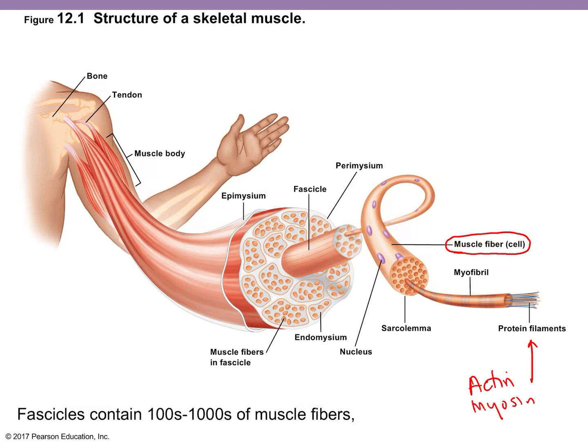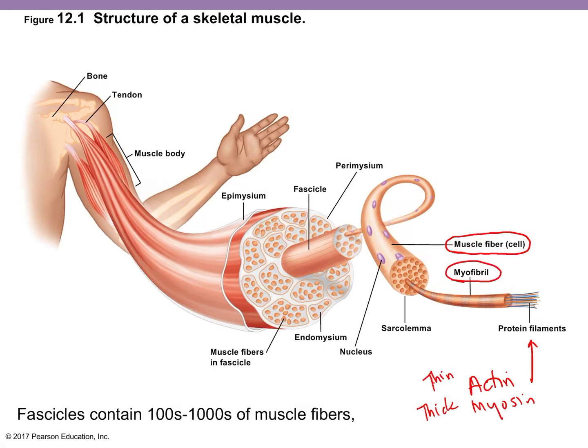Remember, actin is a thin filament, and myosin is thick, and the way that they overlap creates a sarcomere. The train of sarcomeres, one against another, creates a structure called a myofibril.